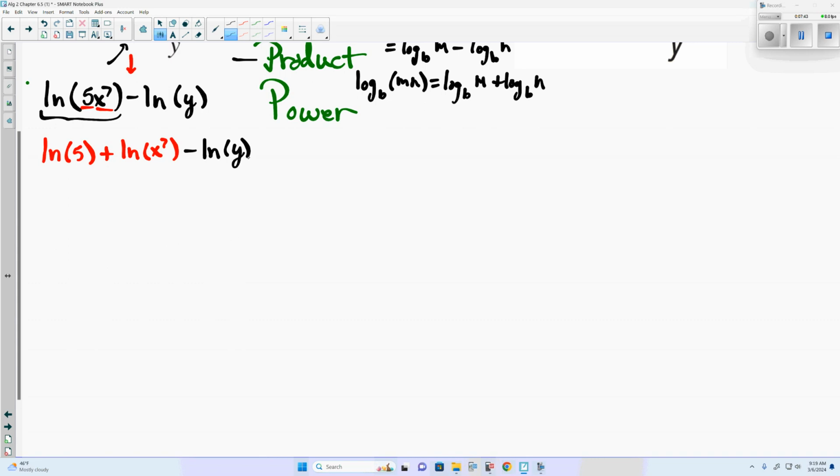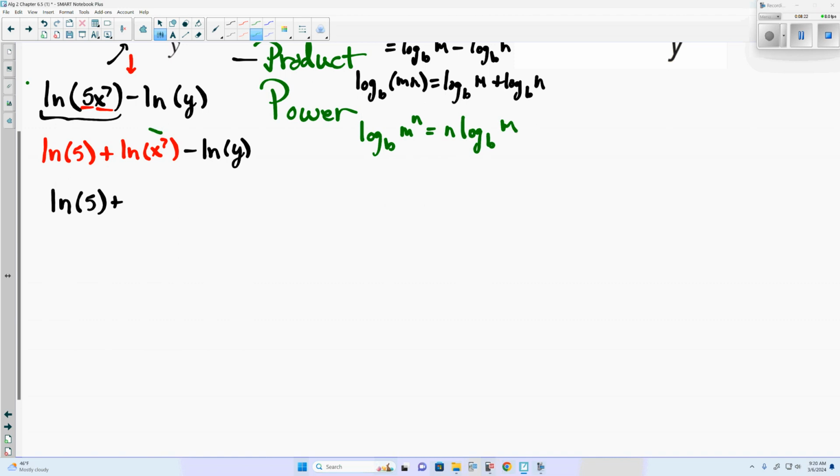Is there anything else where we have 2 different things being multiplied together? I was about to say terms, but if they're together being multiplied, it's a single term. Well, no, the only one we have is x to the 7th, because that's really x being multiplied by itself 7 times, but it's going to go under power. ln of 5 is simplified, plus our power property, log base b of m to the n is equal to n times log base b of m.